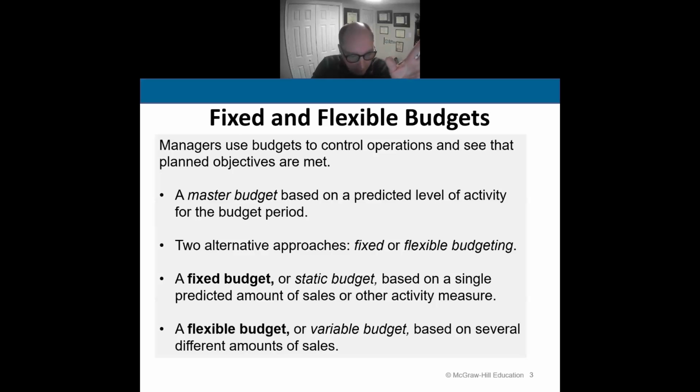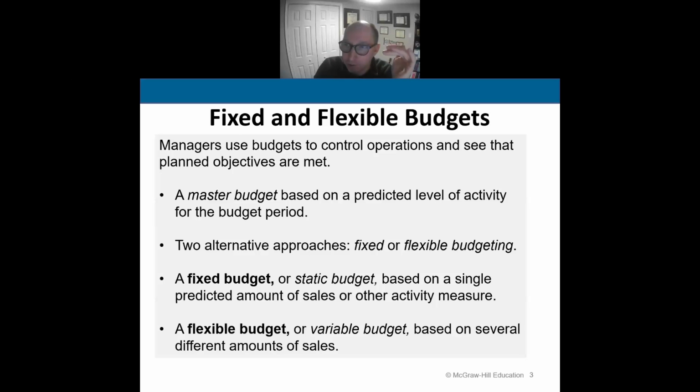Everyone else typically uses a flexible budget. A flexible budget has the ability to have variation. And it's based off of the potential for different levels of sales. Here's what I mean by that.